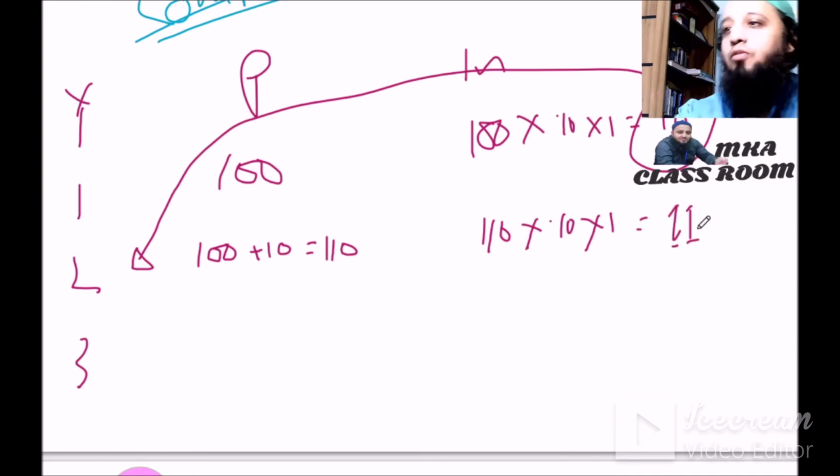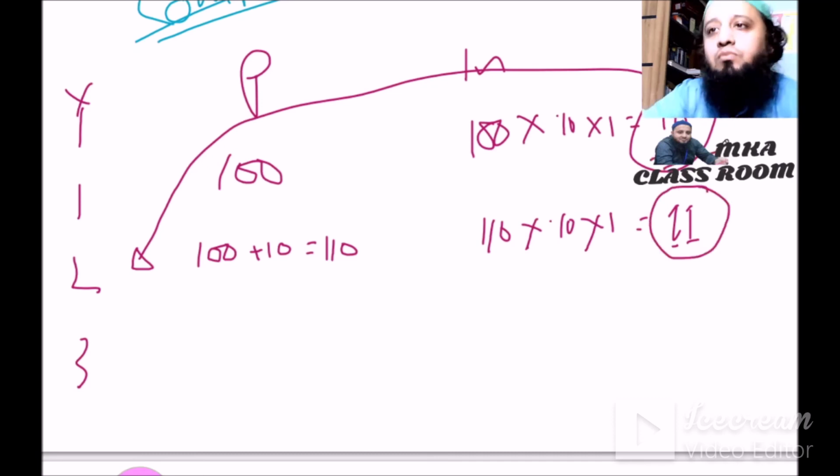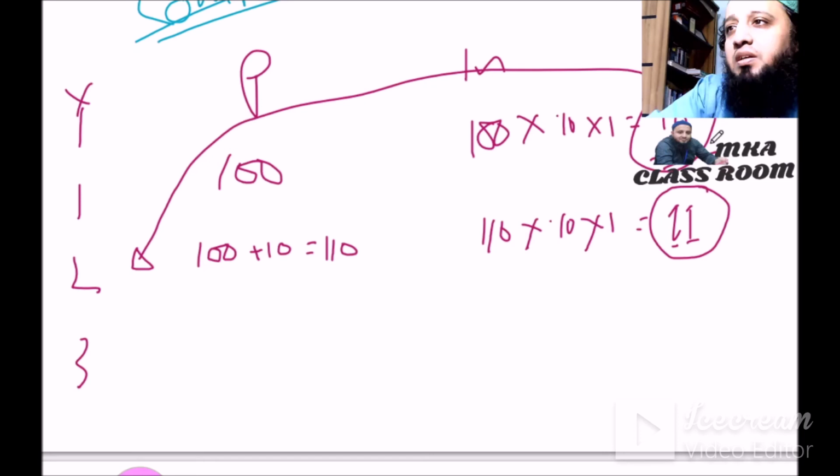Can I make you understand? In the first year, your interest is 10 taka. After 1 year, the interest gained on your principal is 10 taka. This 10 taka will be reinvested again in the second year.